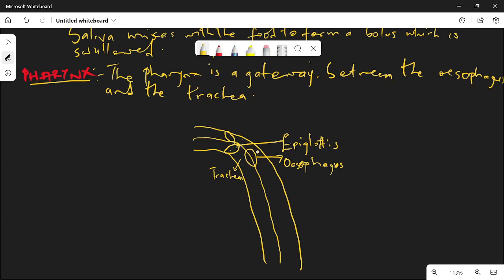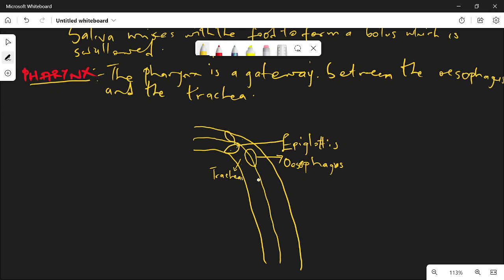You can see that there is a little opening in the esophagus, and also there is a little opening in the trachea. So this is what happens when you don't take it easy while eating. You don't allow the epiglottis to cover the trachea completely, so it will give room for the esophagus to swallow whatever it is that you want to swallow. So that is just the function of the pharynx.